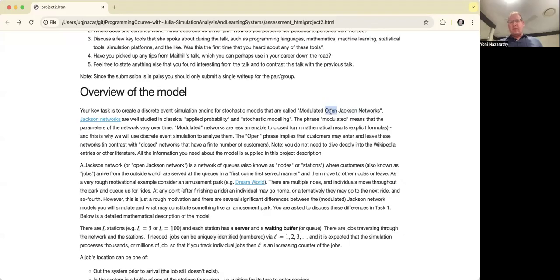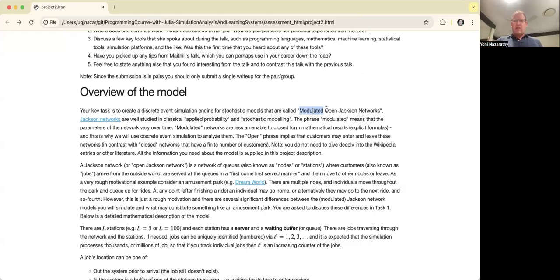Open just means that items come from the outside and also leave the network, so it's not closed. And modulated is the slightly different thing that we're doing in this project. The parameters, or the speed at which servers work and give service, are modulated. In this case, it goes between slow and fast, slow and fast, slow and fast.